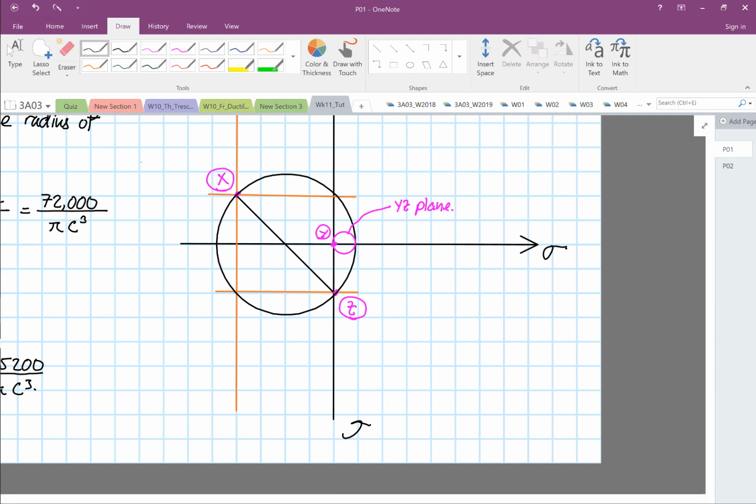Then the first one that we've drawn, this is for your XZ plane. And then the last circle that I'm going to sketch out is this one over here.